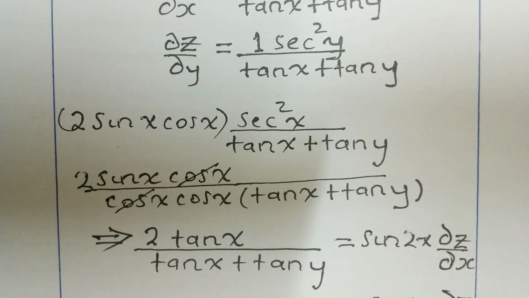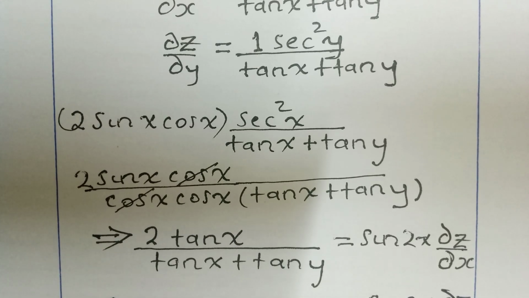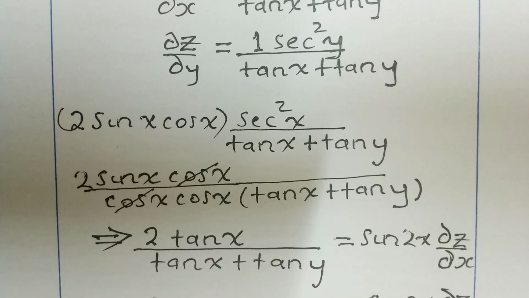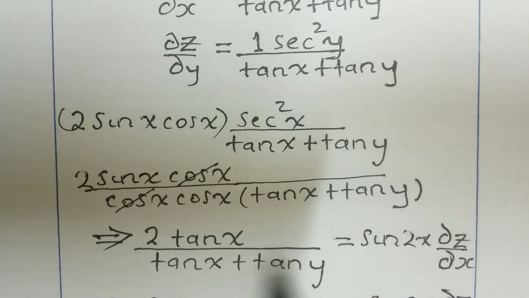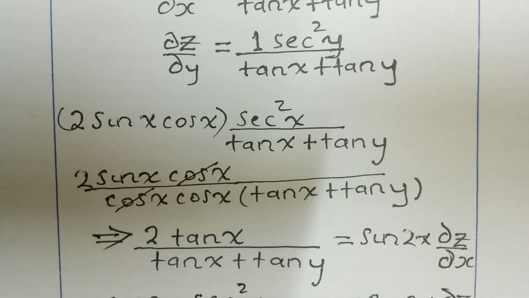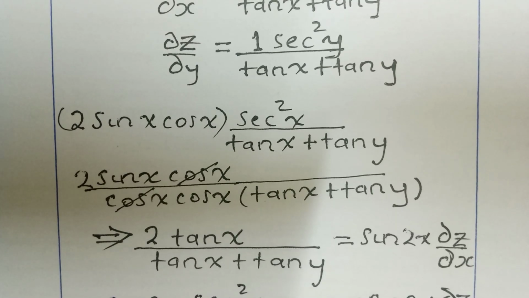So that one will now be sine 2y, you multiply by this value, which is sec squared y all over tan x plus tan y.